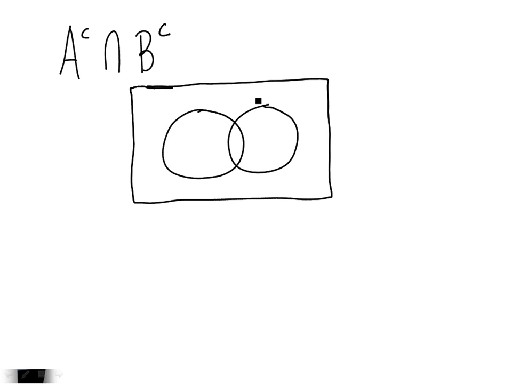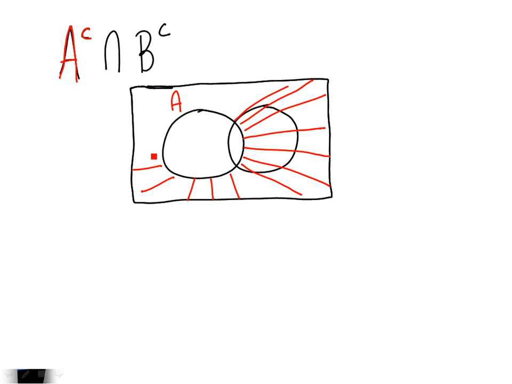Alright. So what I'm going to do is in red, I'm going to show you what A complement is. A complement is everything outside of the A. Alright, do a good job here.